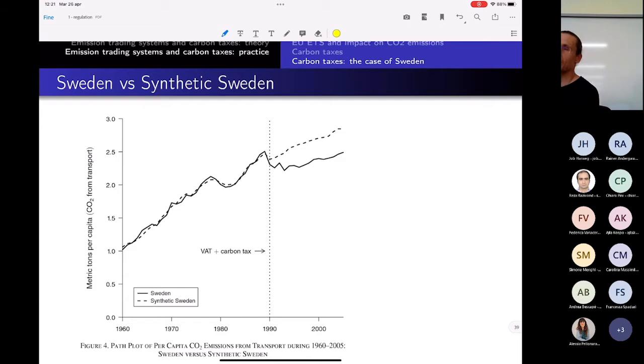This is for emissions, but also for other indexes. Again, look at the paper for details.